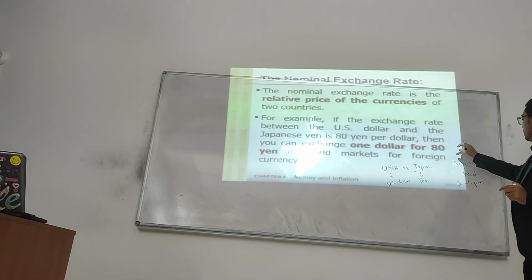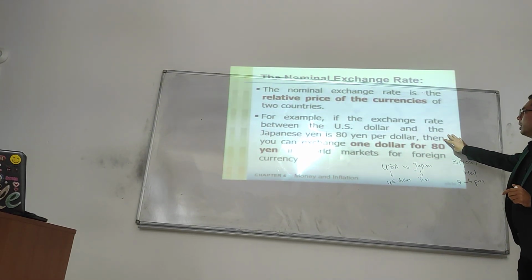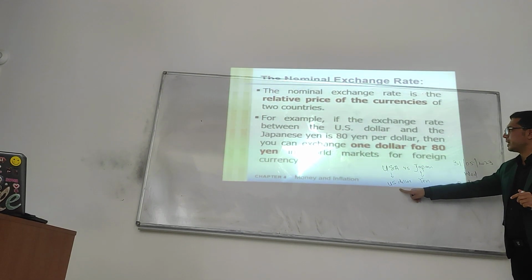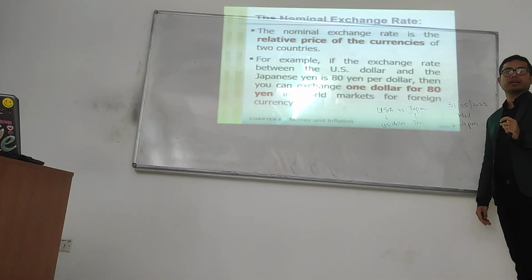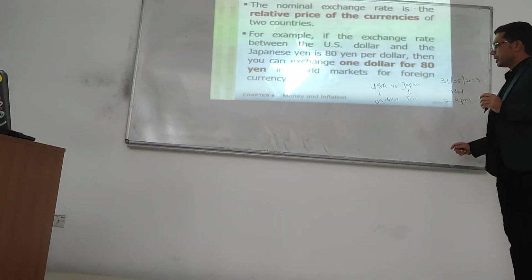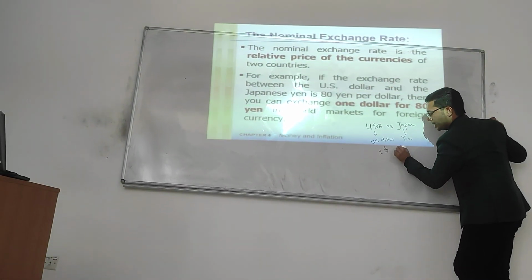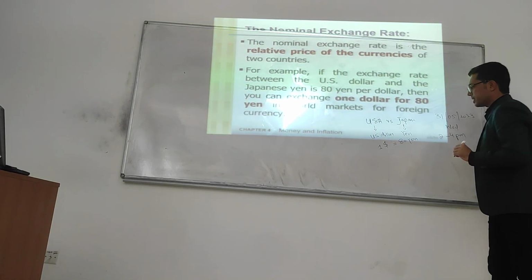Now suppose the exchange rate between the US dollar and the Japanese yen is 80 yen per dollar. It means $1 equals 80 yen. Is it clear?